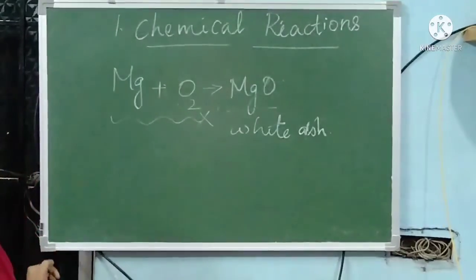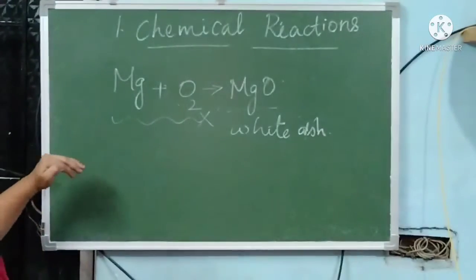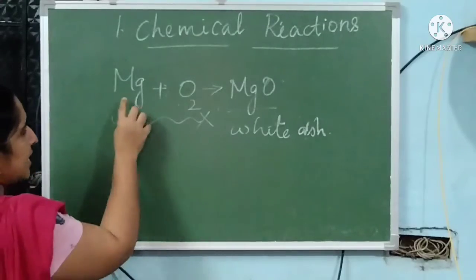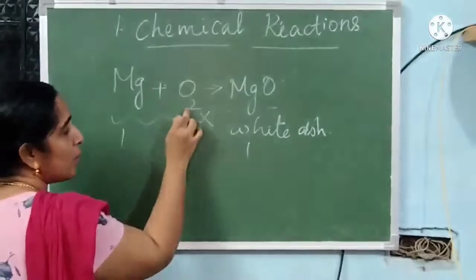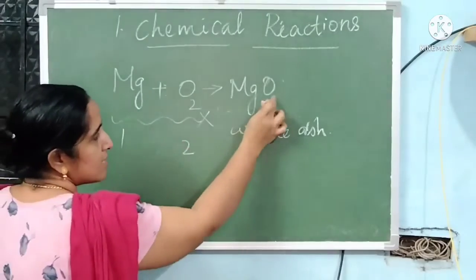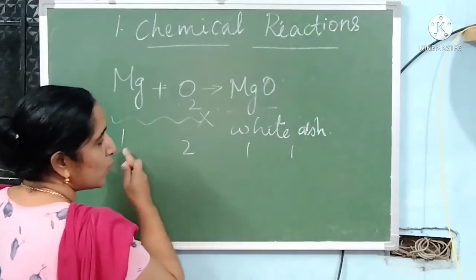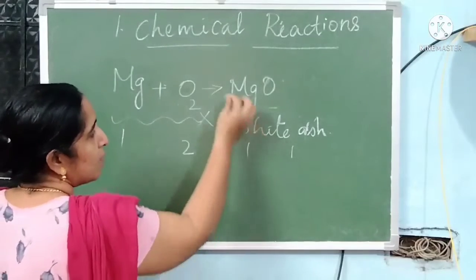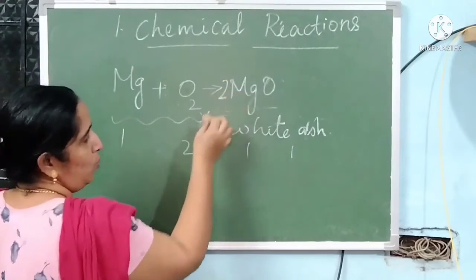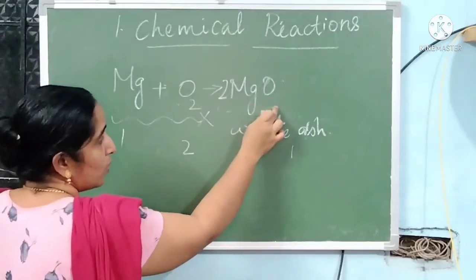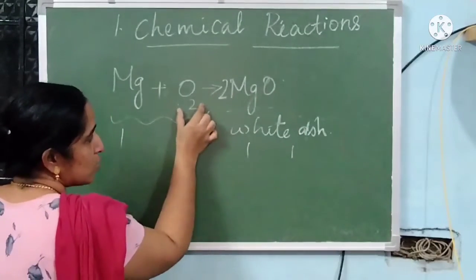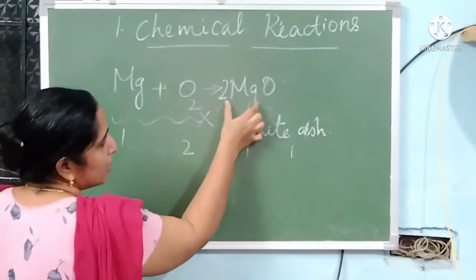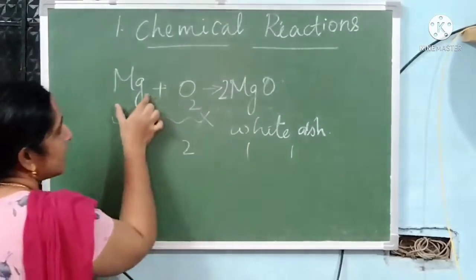So we have to balance the equation by adding numbers. Here magnesium is 1, here also 1. The oxygen is 2 here, but here it is 1. So we have to add 2 in front of MgO, so the number of oxygen becomes 2 here also. But the number of magnesium is 2 here, and here it is 1.